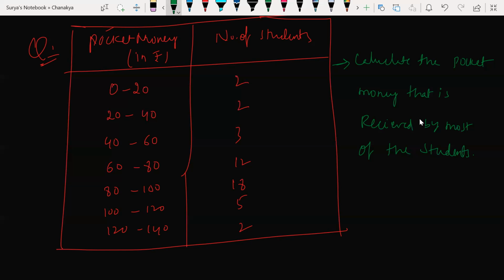How do you identify it's a mode or median? Because they're saying it's received by most of the students.